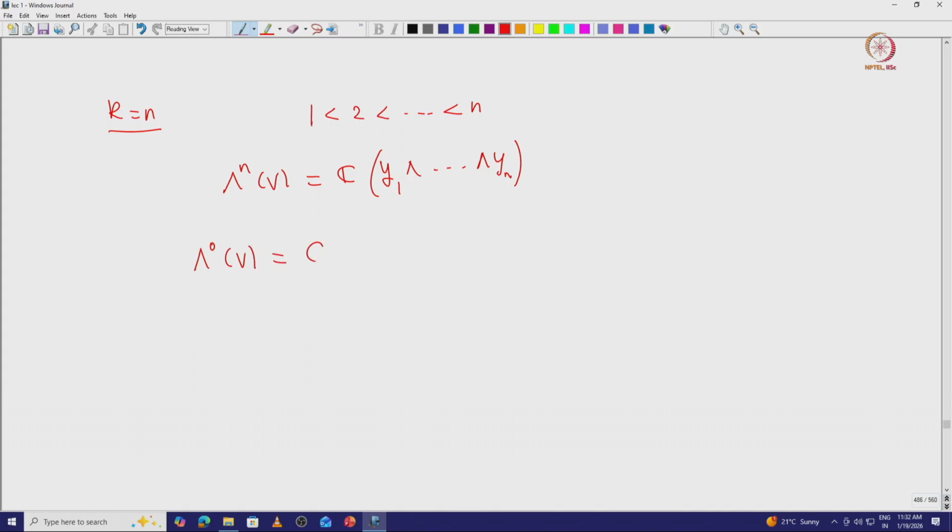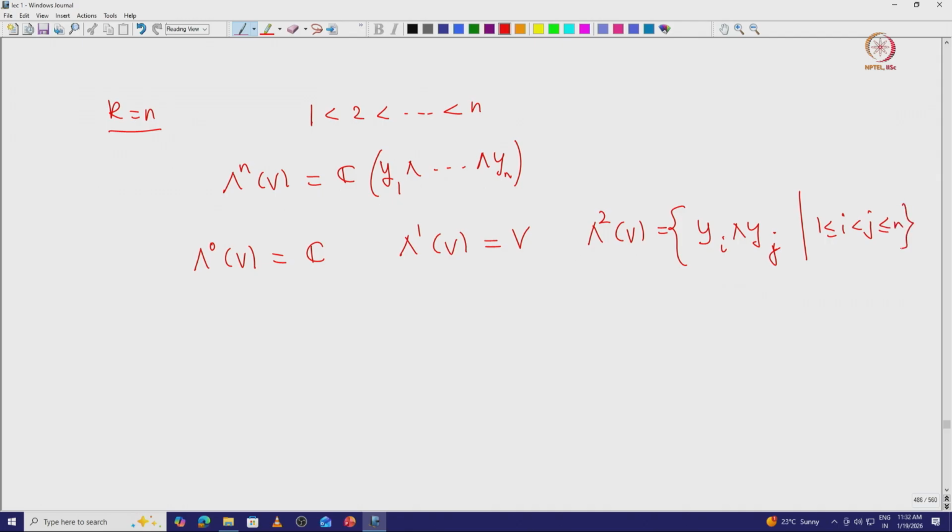Lambda 0 is going to be the complex numbers, lambda 1 V is exactly equal to V, and lambda 2 V, which is the interesting one, is going to be given by y_i wedge y_j, where you take the indices i less than j between 1 to n.